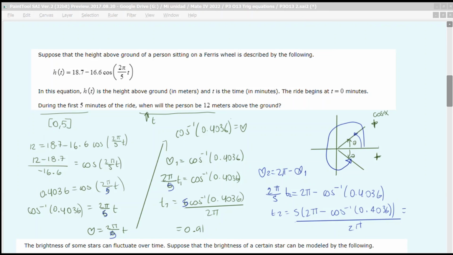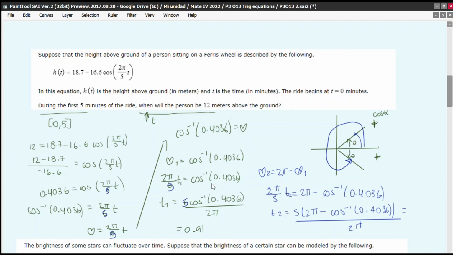So 2 pi minus the cosine inverse, multiplied by 5 and divided over 2 pi, gives me 4.08. So these are my two possible solutions.